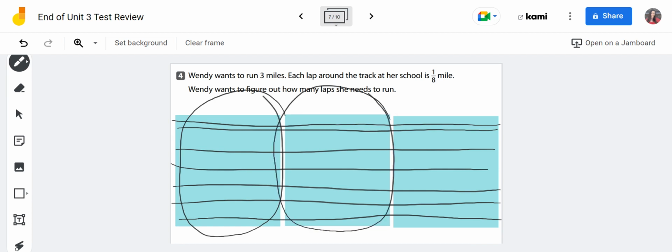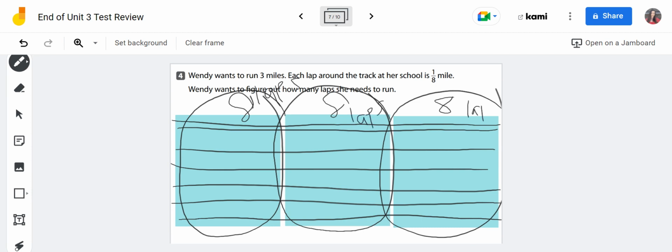Here would be 8 more. Here would be 8 more. So this would represent 8 laps for 1 mile, 8 more laps for another mile, and 8 more laps for a third mile. So this would be 8 laps, 8 laps, 8 laps. And in total, 8, 16, 24, because it would take 24 laps of 1/8 to make 3 total miles. I hope this helps.